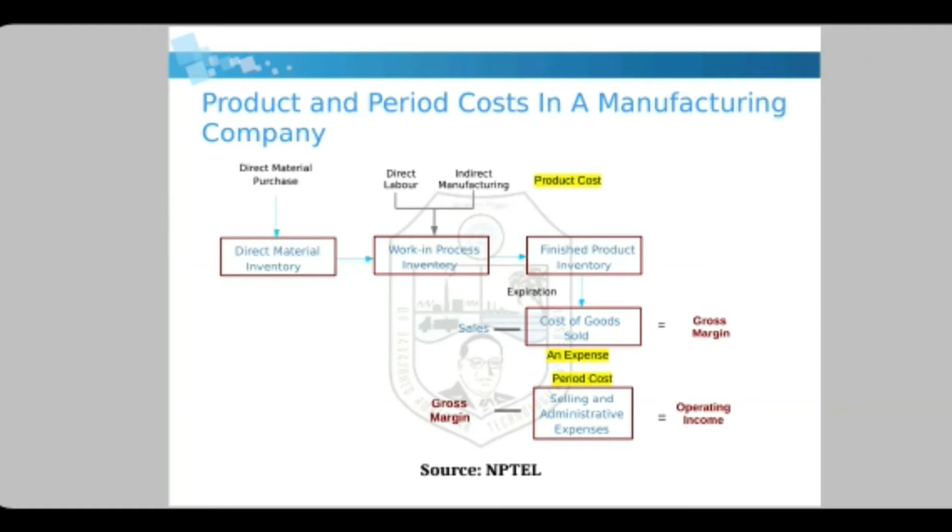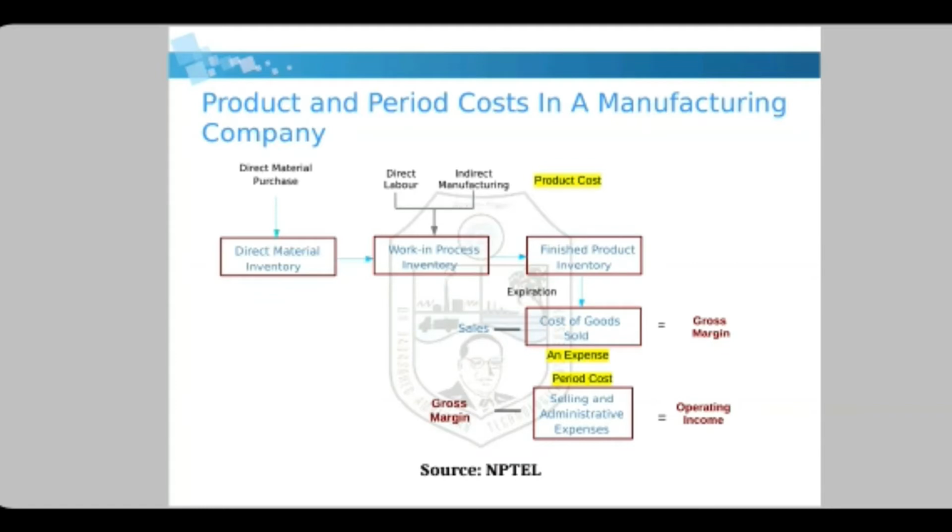Your total sales, you will sell that product at a higher price. So your total sales minus the cost required for that good will be your gross margin, and your gross margin minus selling and administrative expenses, that is your period cost, will be your operating income.